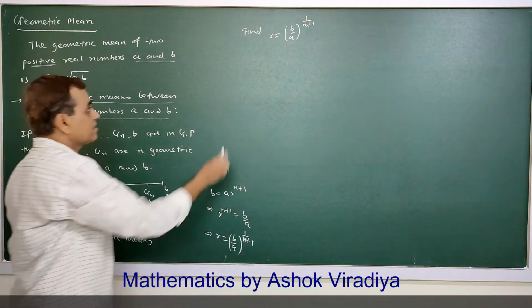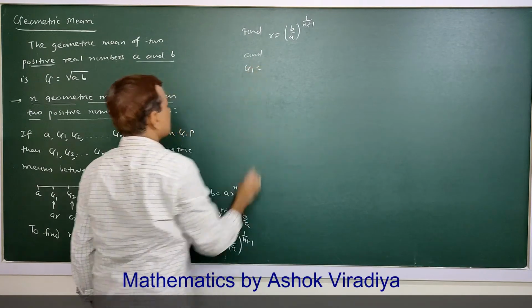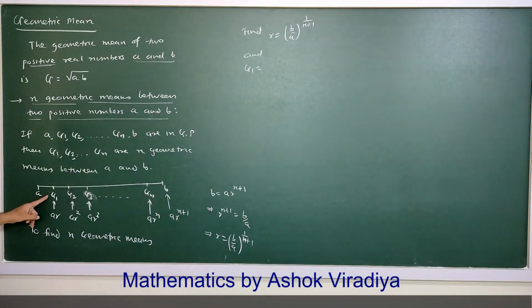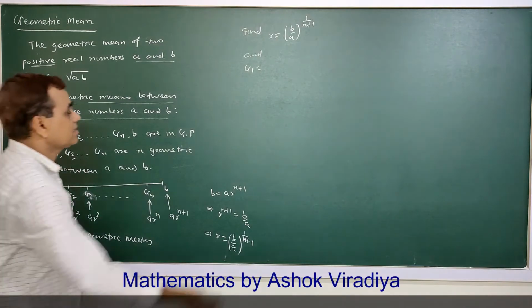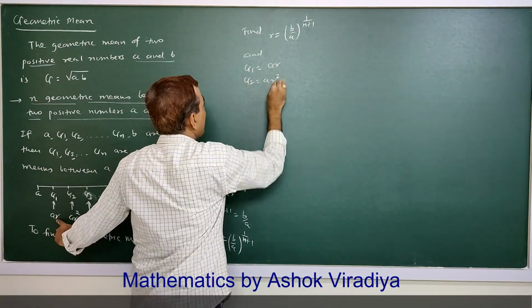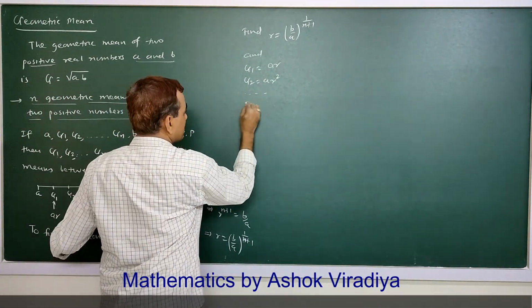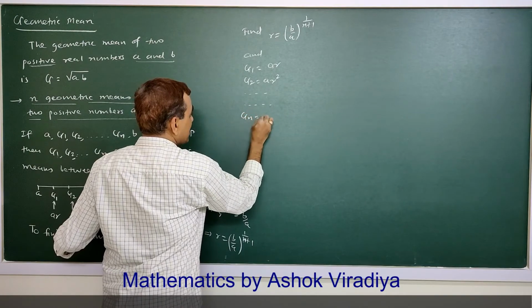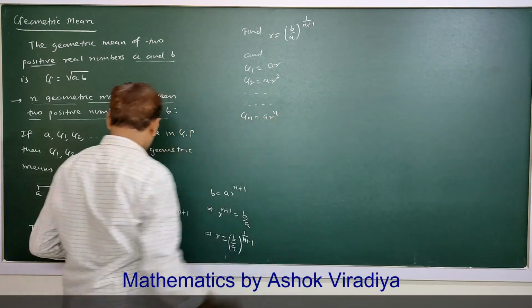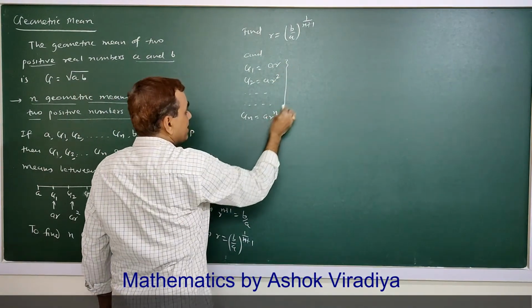And G1 is A into R. G2 is A into R square. So continuing this procedure, Gn is A into R raised to n. So these are n geometric means.